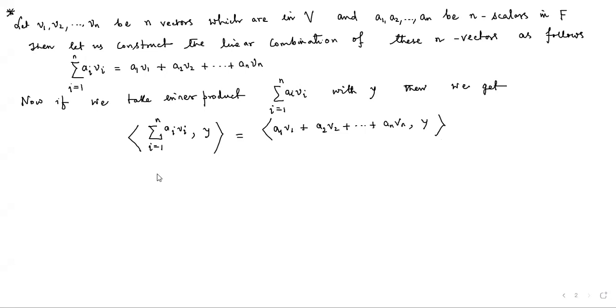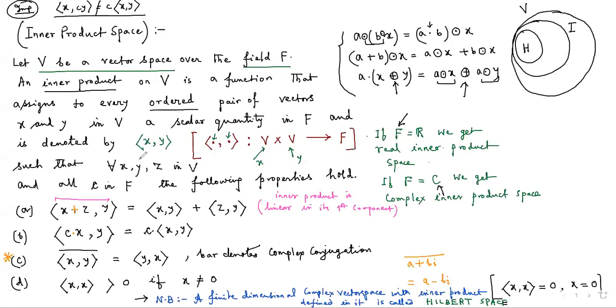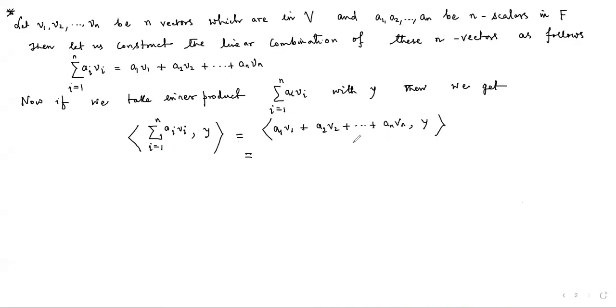And now you are going to use the properties that have been written in the first page. Let's look at the properties. I'm going to use property number A first of all, and then I'm going to use property number B. If I use property A, since the inner product is linear in its first component, remember, these sums are vector sums.